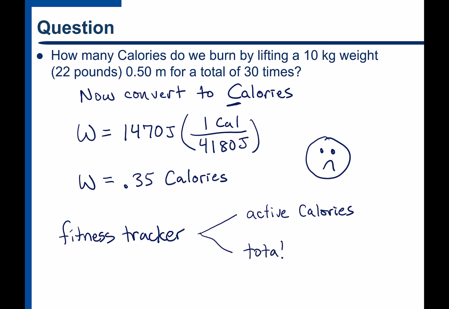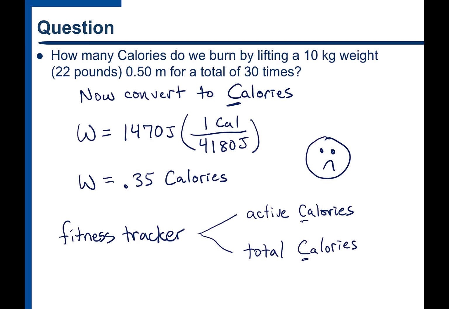So in other words, what are the active calories you've burned versus what are the total calories you've burned. The good news is that just by sitting and doing nothing, we burn almost 2,000 calories a day, and this is food calories we're talking about. So when you do activity on top of that, you are burning additional calories.